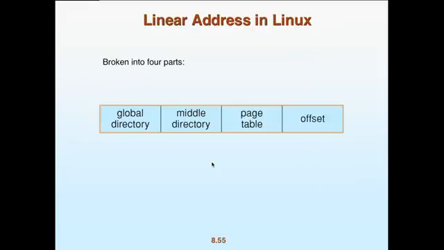Our linear address in Linux is just broken up a little bit more, into 4 parts instead of 2, where we've got a global directory, a middle directory, a page table, and an offset, not necessarily using segmentation.